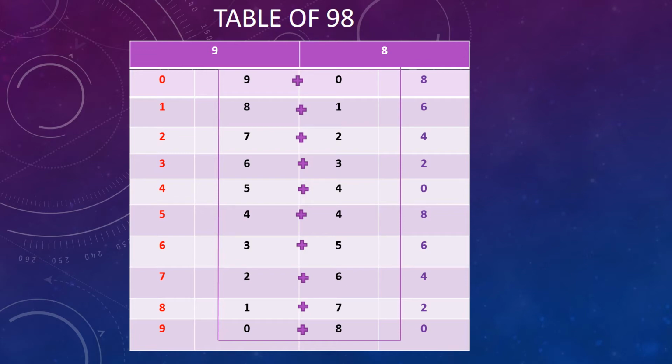That means 98. The second one, 98 into 2. So you have to write 1 as it is, 8 plus 1, 9, and at the end you will write 6. So 196 is the answer. 98 into 2 is 196.